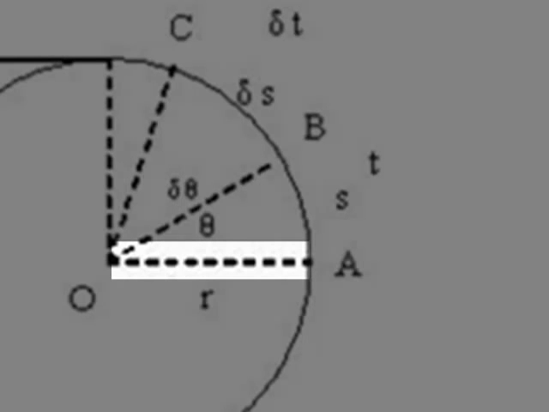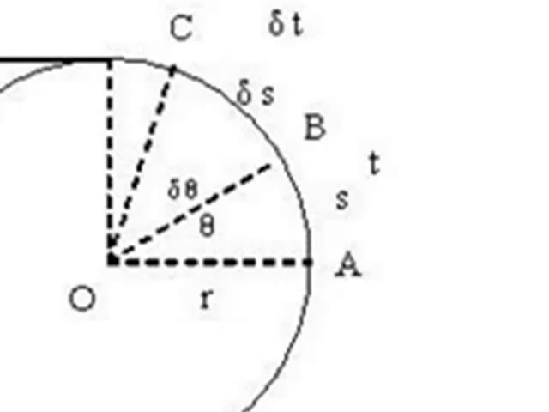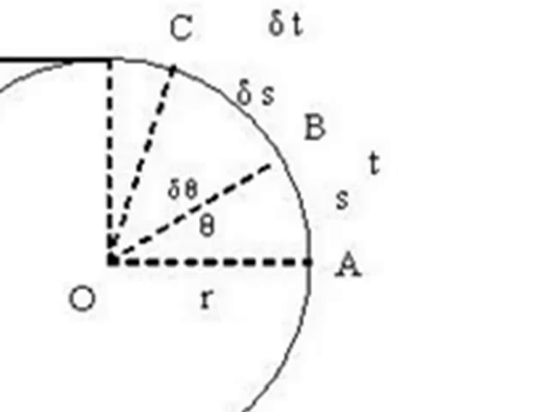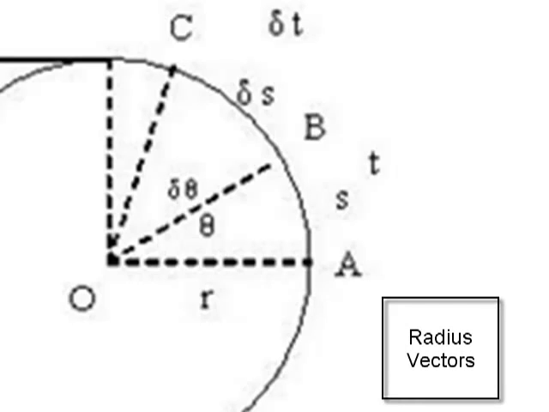Then OA is the position vector of the body when it is at A. Similarly, OB is the position vector of the body when it is at B. Hence, vector OA, vector OB and vector OC represent position vector of the body when it is at A, B and C respectively. These position vectors are also called radius vector.